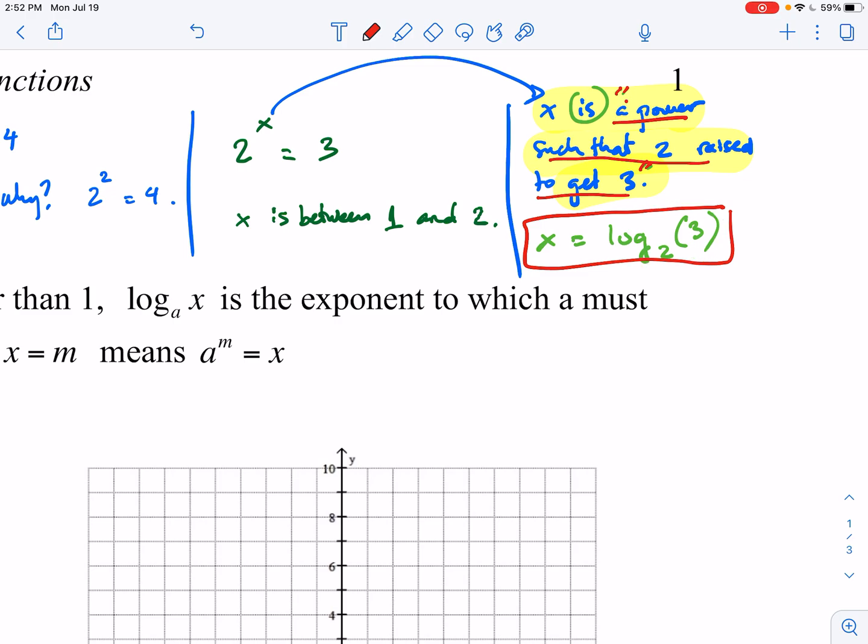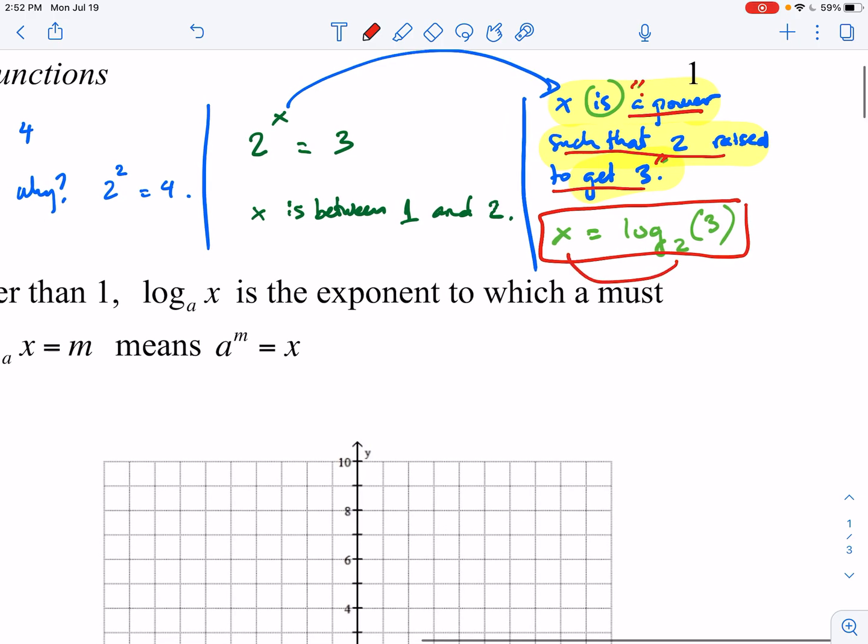When you see log, it just means, what is the power I'm looking for, the power such that 2 raised to it gets 3, right? So this equation is equivalent to this. It's another way of looking at it. But by writing x in this answer, we capture what x is in its exact form, not just an estimated value, not just some decimal that rounds to a certain number.